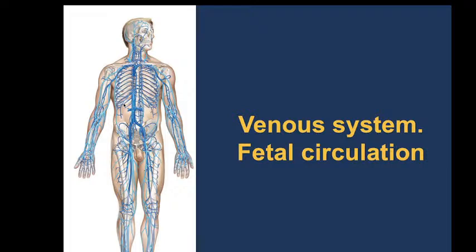And veins are vessels which have a relatively thin, flaccid wall. It means the thin wall of the vessel expands, which is how veins can accommodate an increased volume of blood.